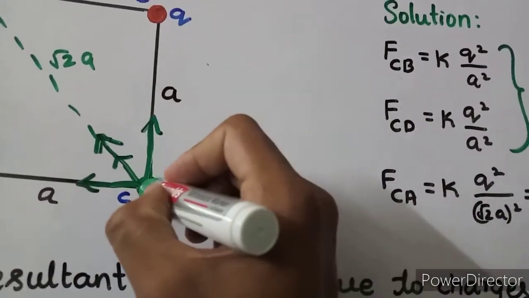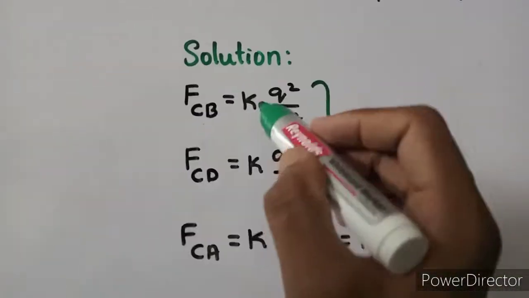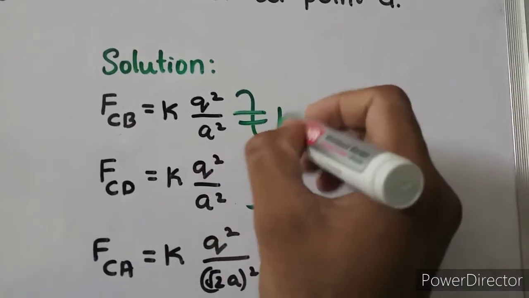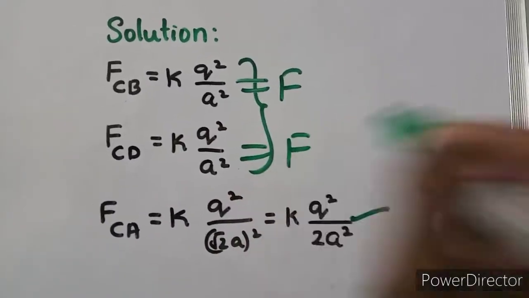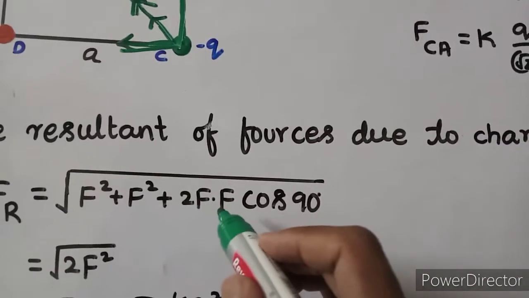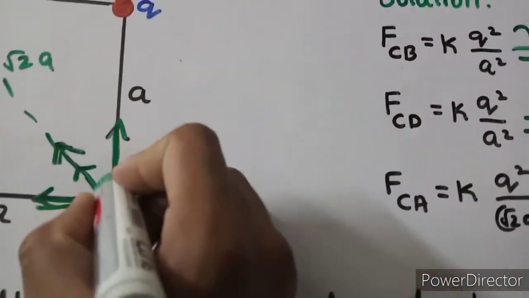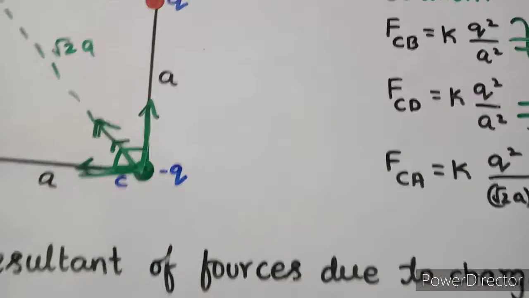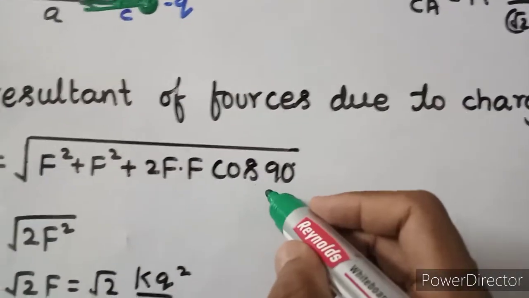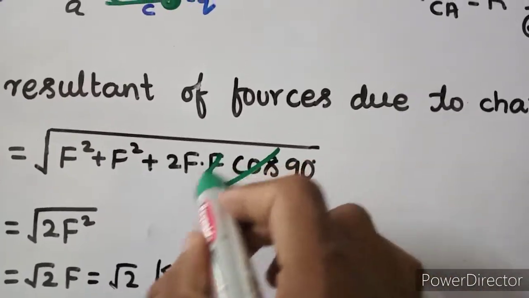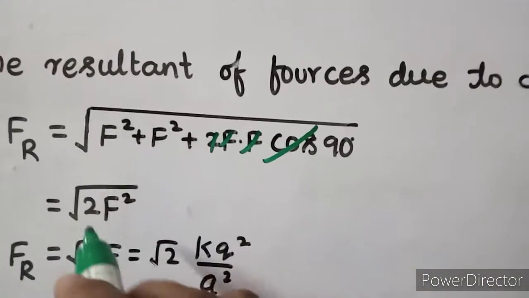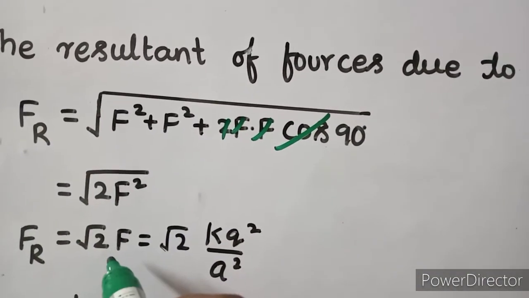This is similar to this one, so I will consider that as F. So F square plus F square plus 2F into F cos theta, where the angle between these two forces is 90 degrees. So what is cos 90? That is 0. So this term goes, leaving 2F square, and the square root of 2F square is root 2 into F.